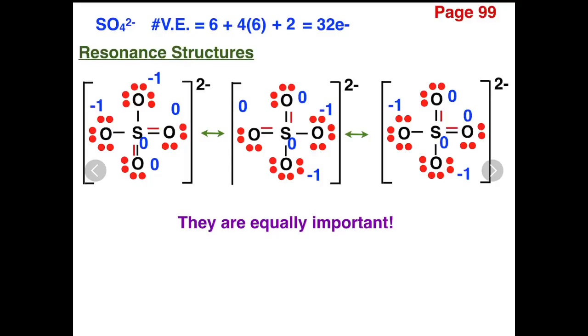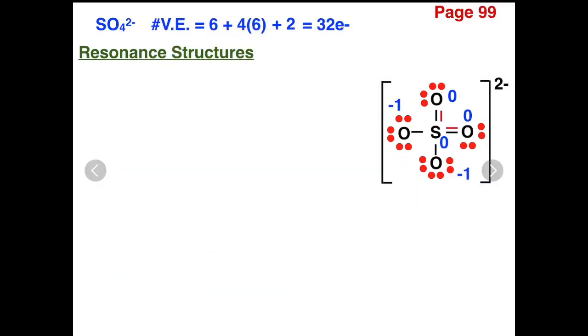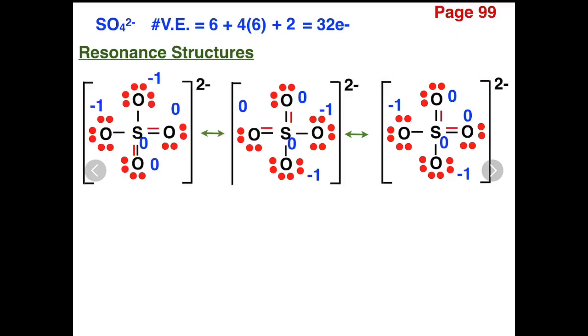This is not the same as what we saw before. Those are not equally important, because the formal charge is not close to 0 and the negative formal charge is not on the most electronegative atom. So we choose this most important one and go further, and we see that of these three where we changed the location of the double bond, those are equally important.